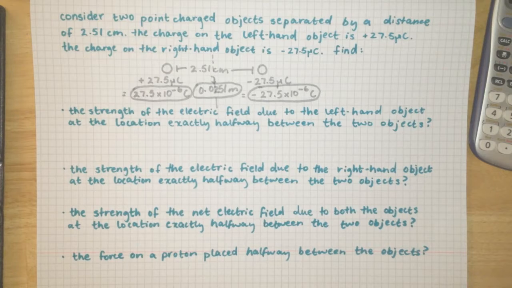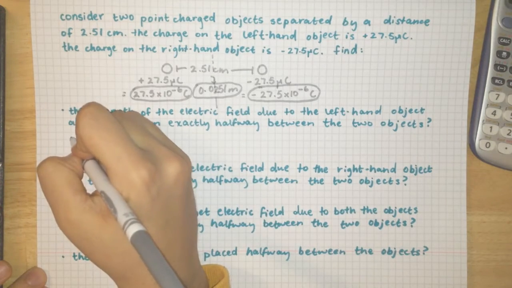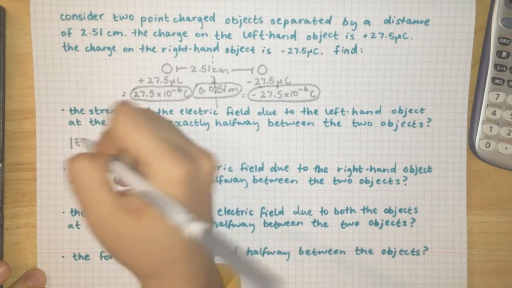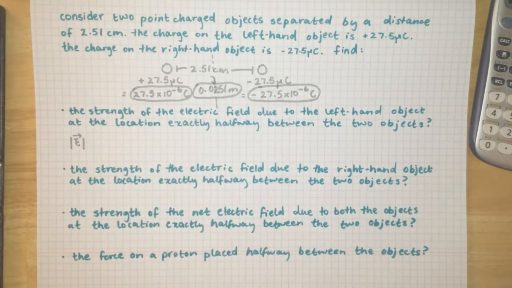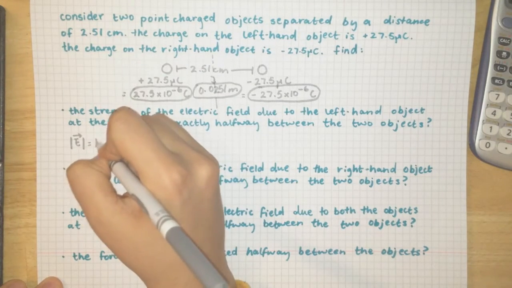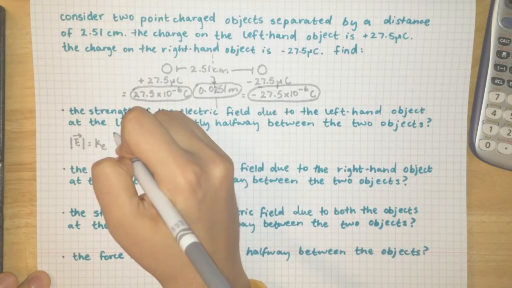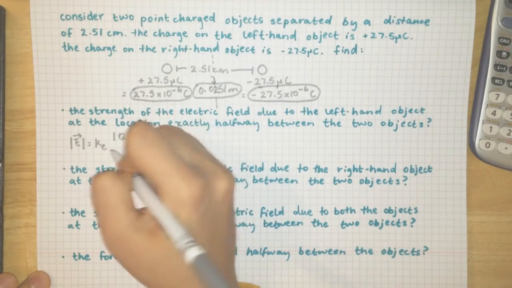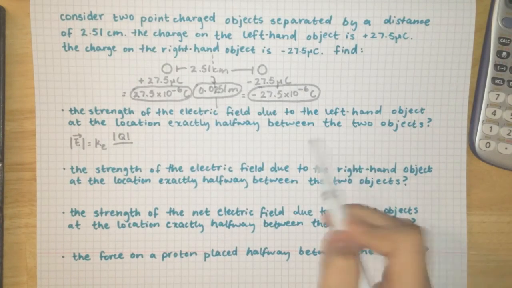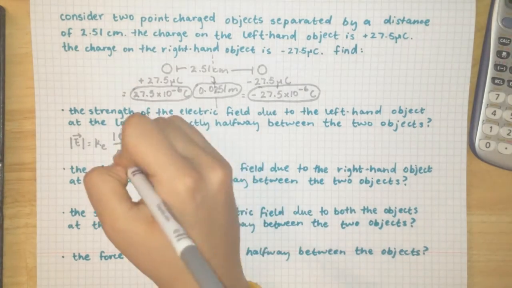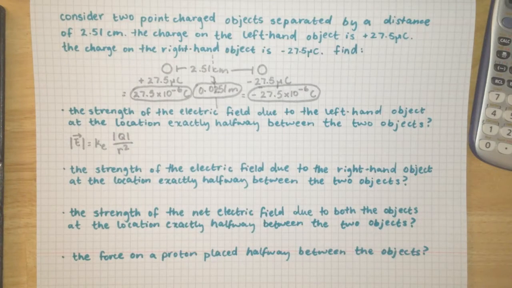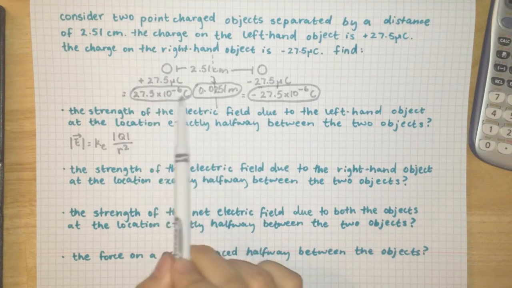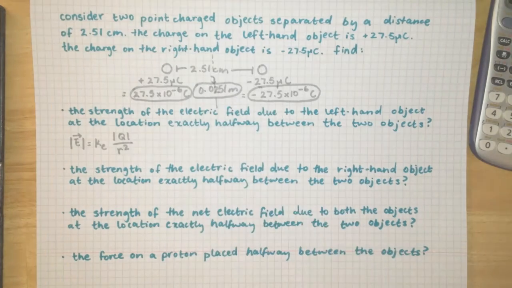So for this we are going to use our equation that the net, or the magnitude of the strength of any electric field at any given point is equal to a constant K times the Q, the charge of the one object that is in question, and in this problem it's the left-hand object, and R squared, so the distance from the point that they have given us, which is halfway through these two, to this left-hand particle. So it'll just be half of 2.51 centimeters.